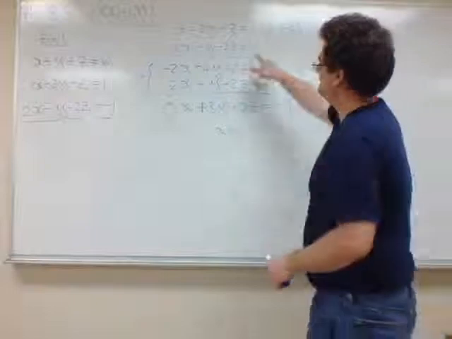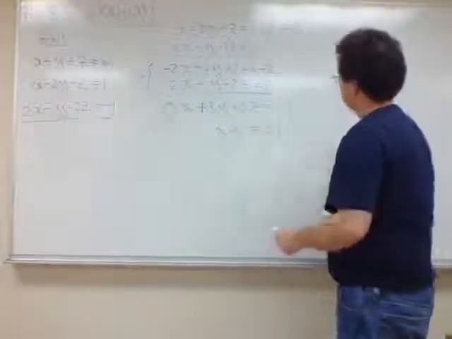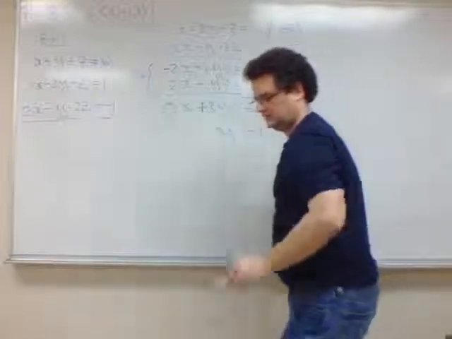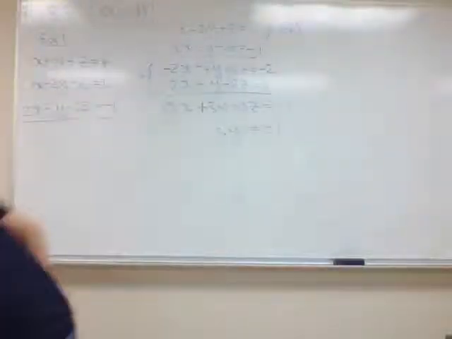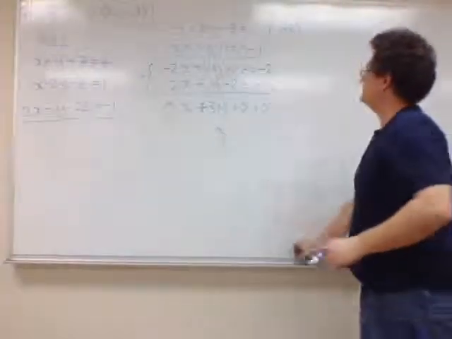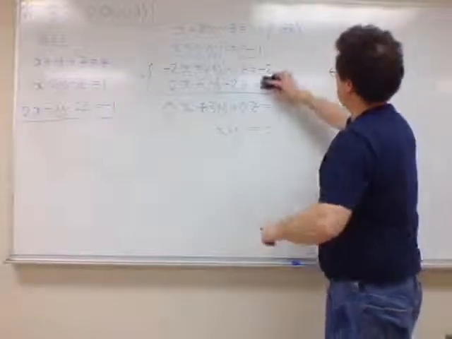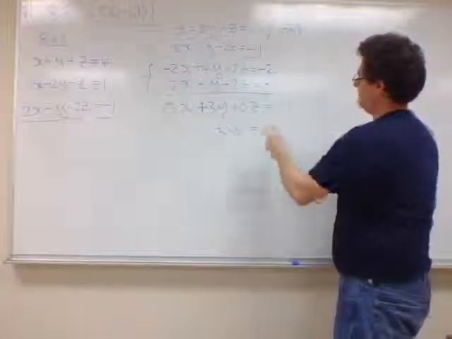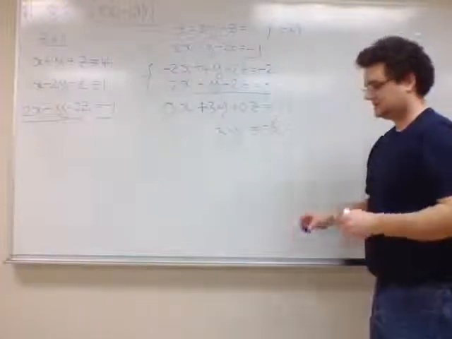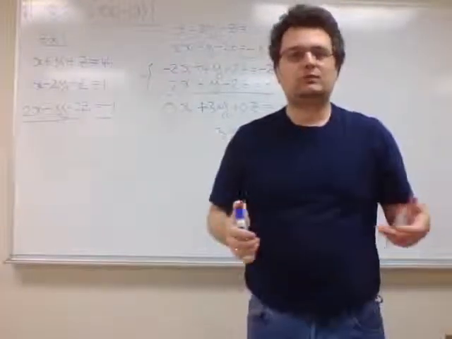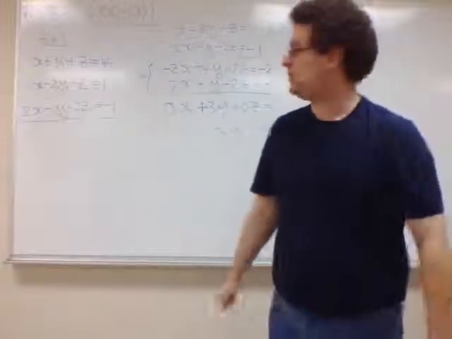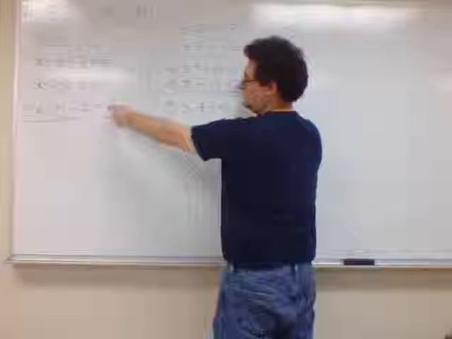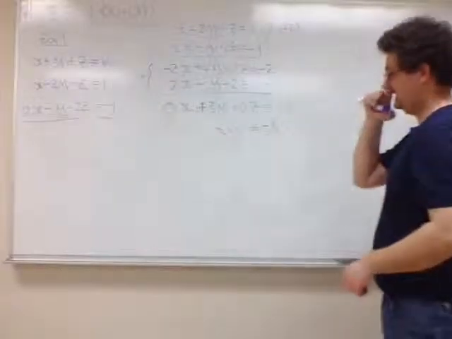Obviously the error is in copying this number here. This should be -1. So when we add these up, we get -3. Sometimes you make a mistake simply by wrong copying. I just wrote 1, and it was supposed to be -1.